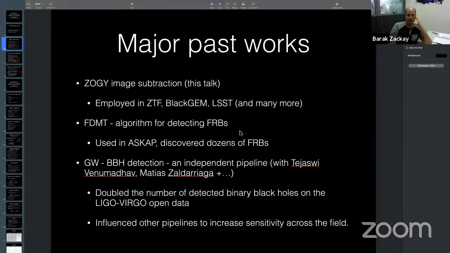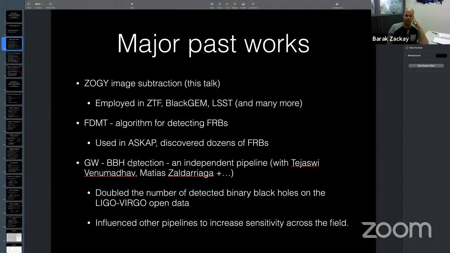I have some major past works. For example, the now called Zackay image subtraction that is currently employed in ZTF, BlackGEM, and LSST. Another example is the fast dispersion measure transform algorithm that is used for detecting fast radio bursts, that is now used in the Australian SKA Pathfinder and discovered dozens of FRBs.